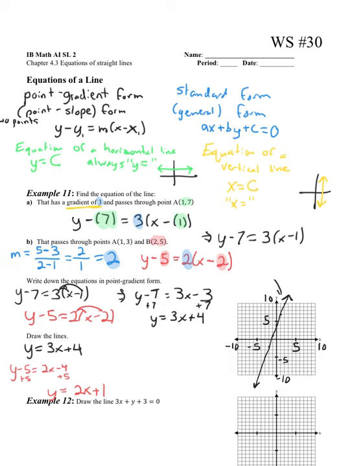And if I'm able to do this in separate colors, awesome. If I'm not able to do it in separate colors, I definitely want to label my lines and say, okay, that line right there is 3x plus 4.